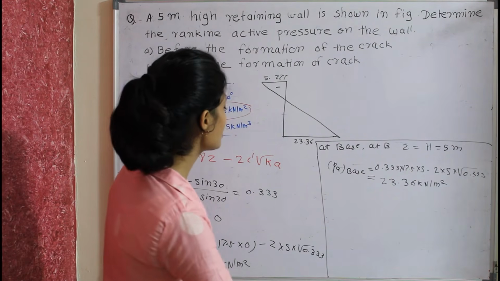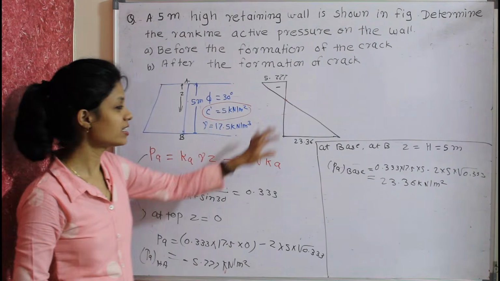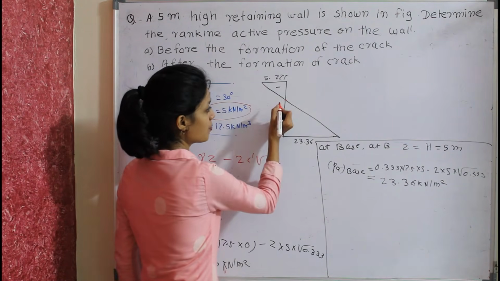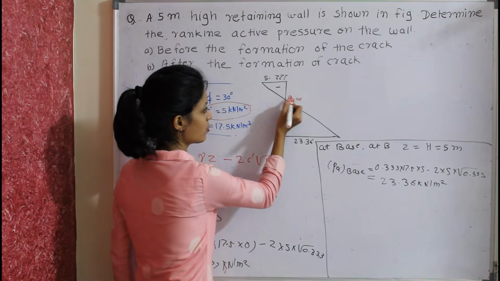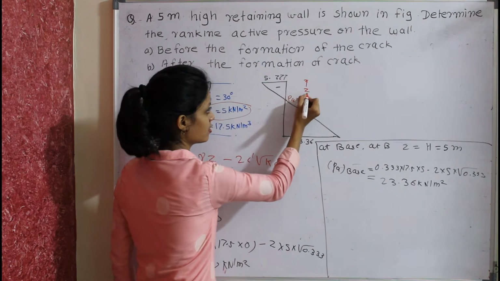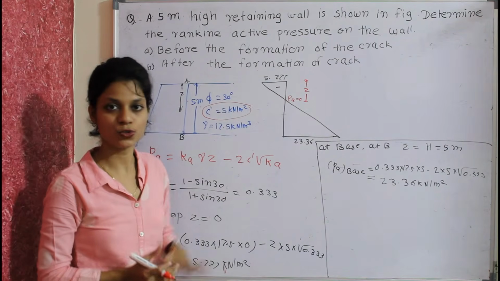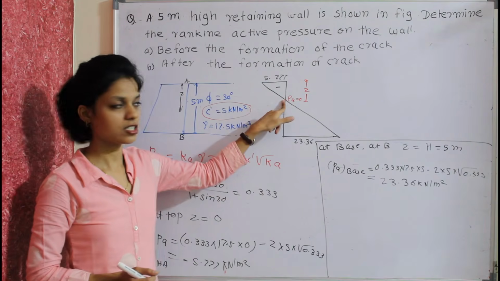You can see that at a point where the sign changes from negative to positive, Pa equals 0, at a distance Z from top.